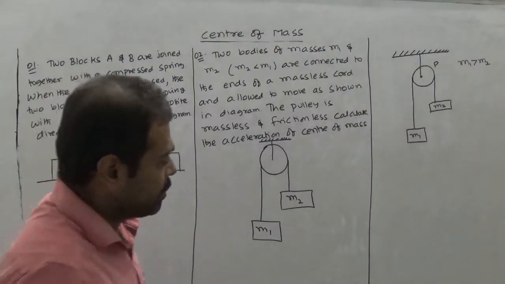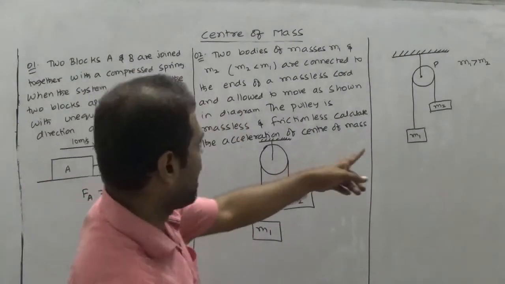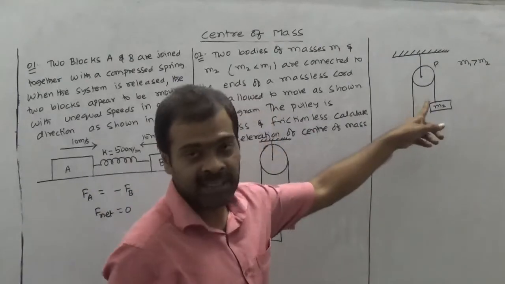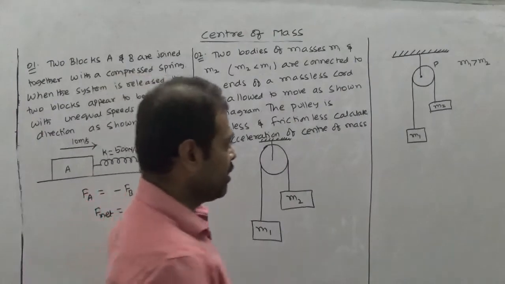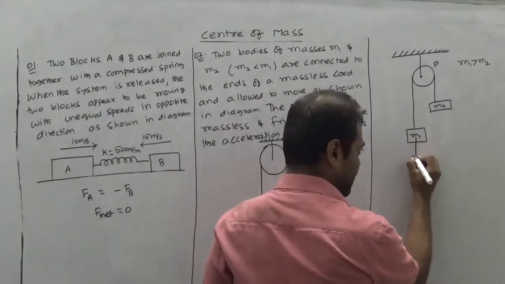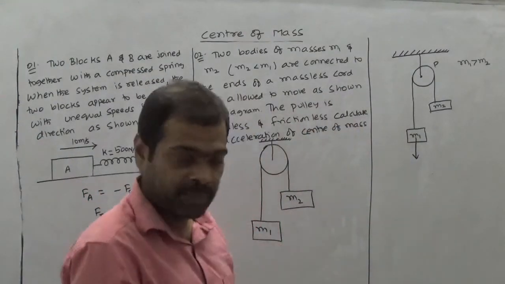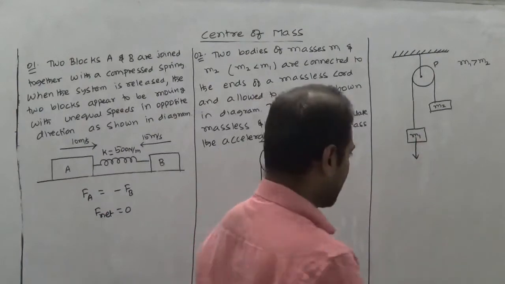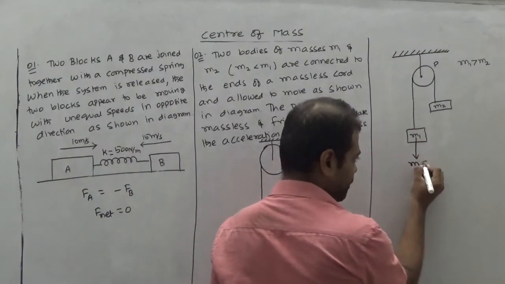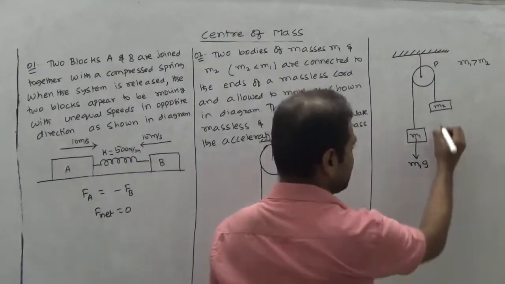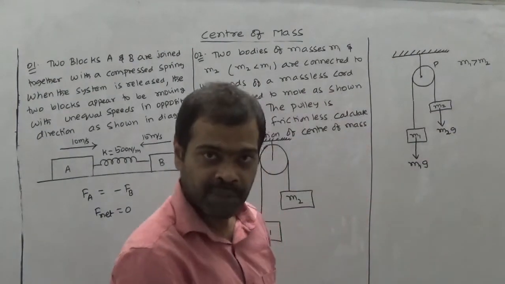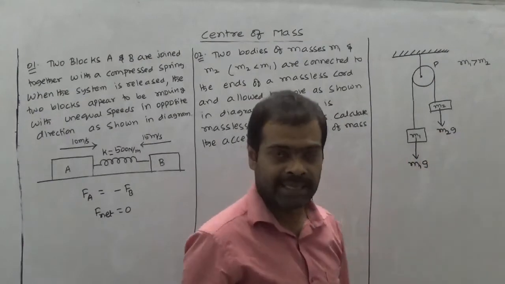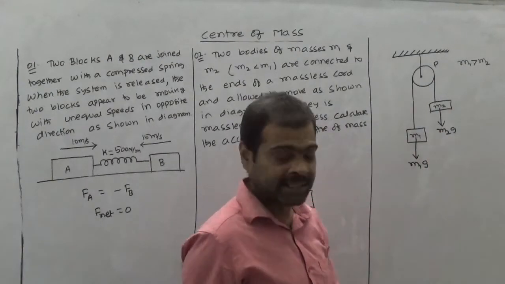Now whenever the masses are suspended from a string over the pulley, vertically downwards from the center of mass of the object we have the weight, m1g and m2g, depending upon the masses. Here we have the accelerations.